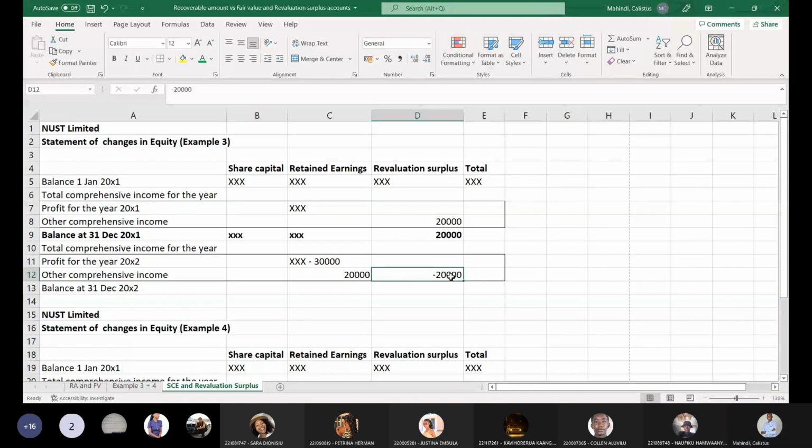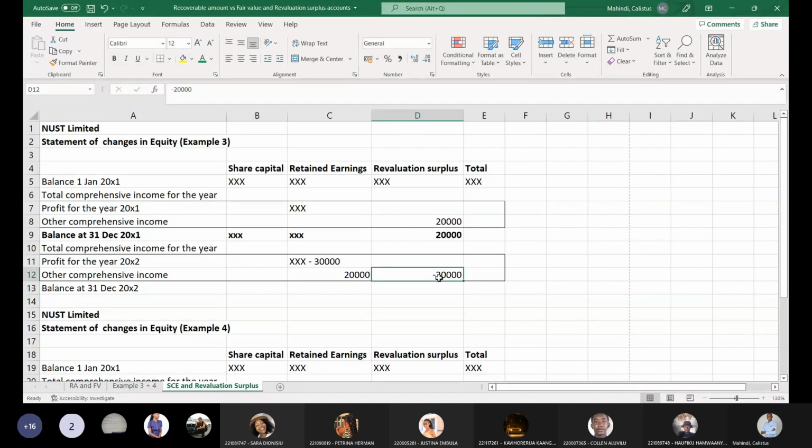The whole amount that we credited before was the land. But what is happening in this instance? It's actually saying that we've realized a surplus that had been existing, and we've just transferred that from the revaluation surplus to our retained earnings amount.